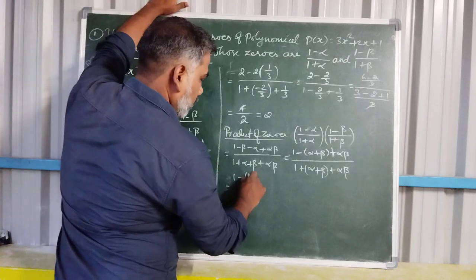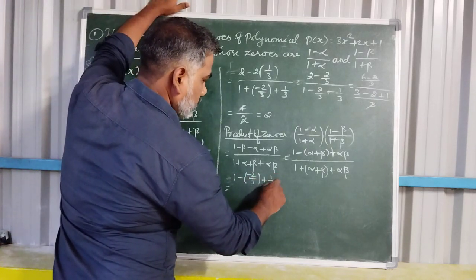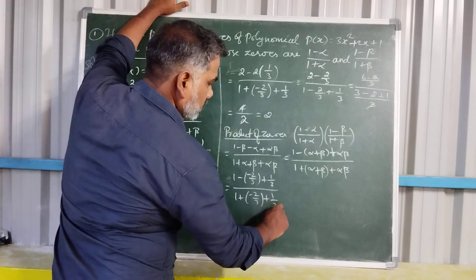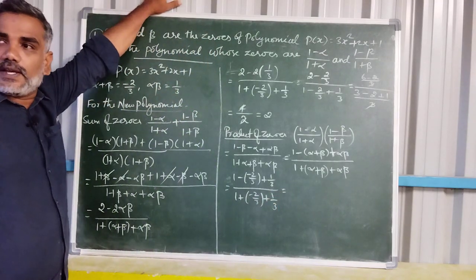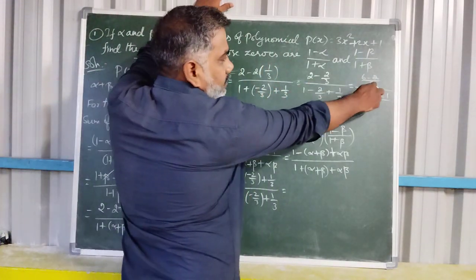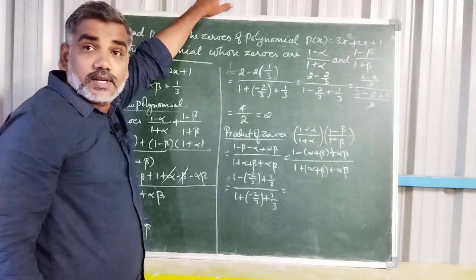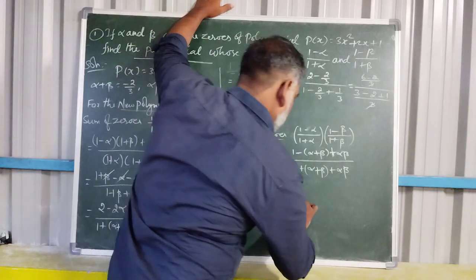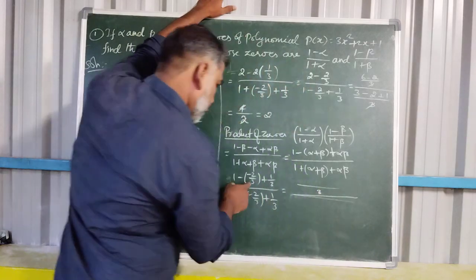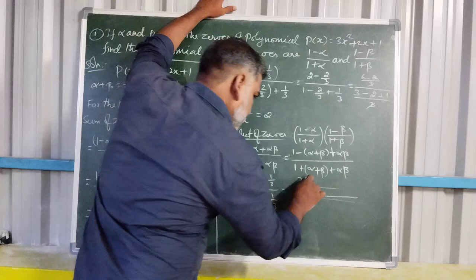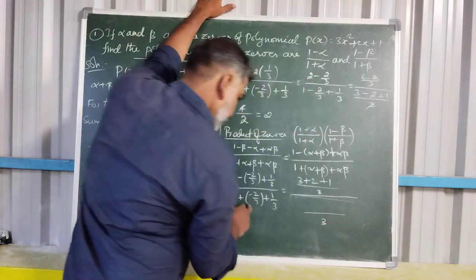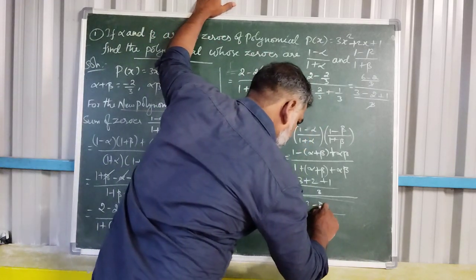Minus 2 by 3, therefore minus of minus 2 by 3 plus 1 by 3, the denominator 1 plus minus 2 by 3 plus 1 by 3. Now we are directly going to simplify. Here the LCM is 3 in the numerator and the LCM 3 in the denominator, so the 3 and 3 will get cancelled. So taking LCM 3, in the numerator we get 3 minus minus plus 2 and plus 1, and the denominator 3 minus 2 plus 1.